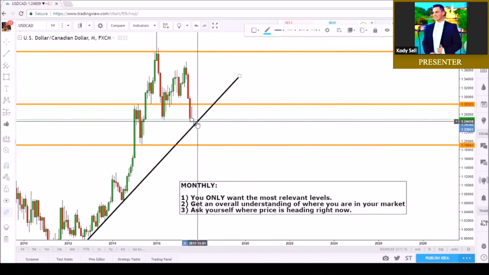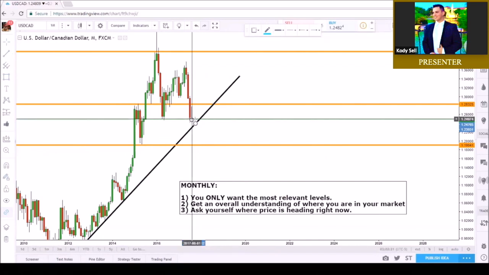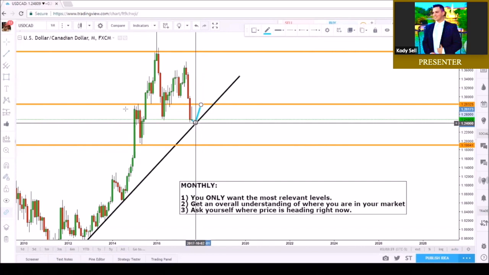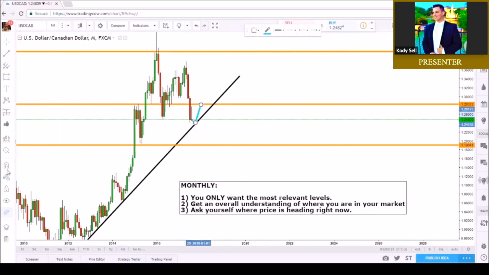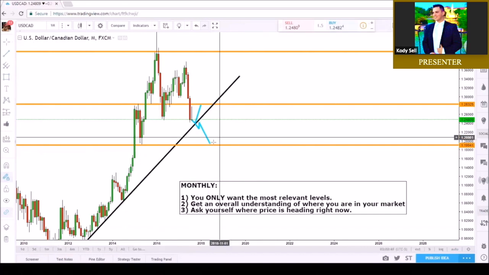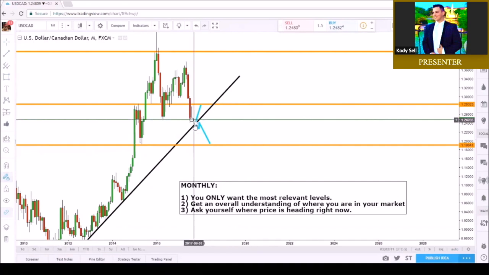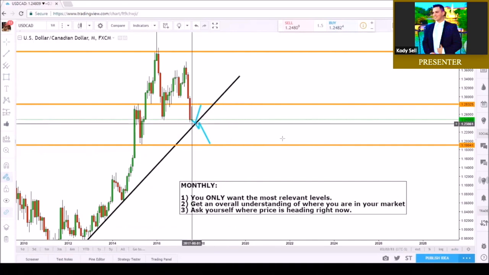And then from there, we will either see a bounce up to this resistance, or if we do see a break, we will see a break, a retest, and a continuation down to our next level. Those are ultimately the only two paths that we could see here on the monthly, but ultimately they both begin with price heading down to this ascending trend line.